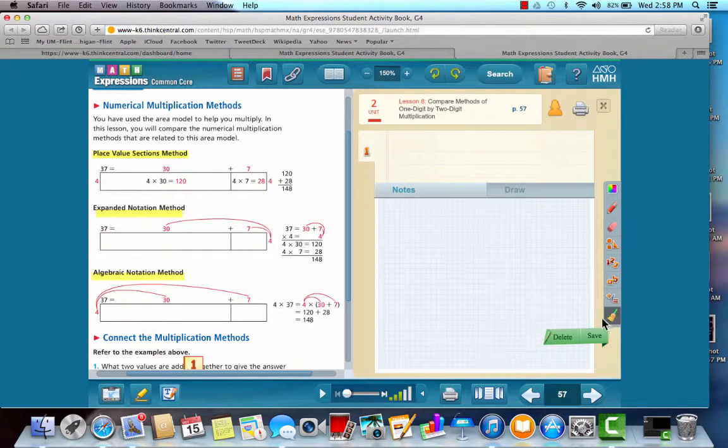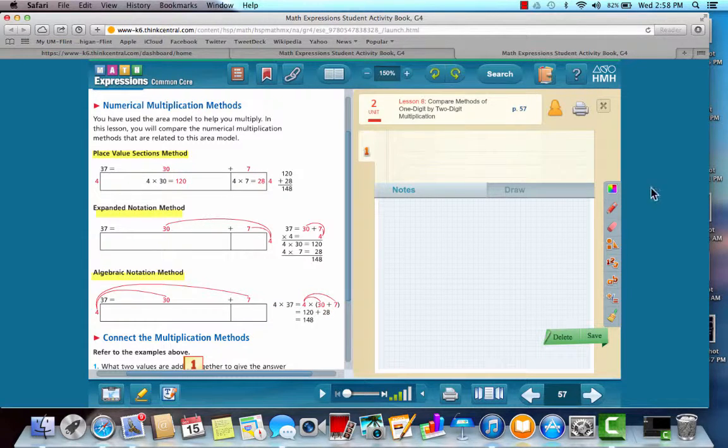So there's one more. There's the algebraic notation method, where they are taking the exact same place value method and expanded notation method, and they're doing the same thing. What they're doing is, instead of stacking it on top of each other, you are working the problem from left to right.